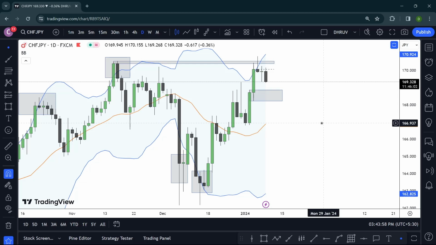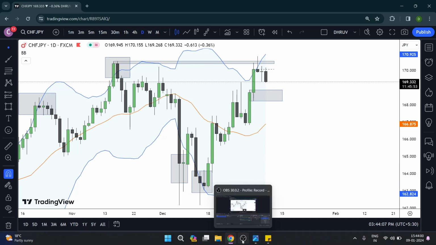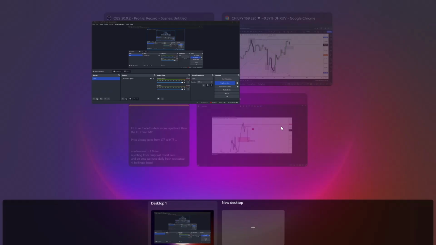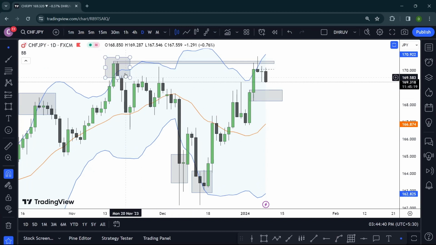I have not discussed the lower time frame yet, and we have four confluences to work with. So we have four confluences to say that we could potentially come till this area, right?